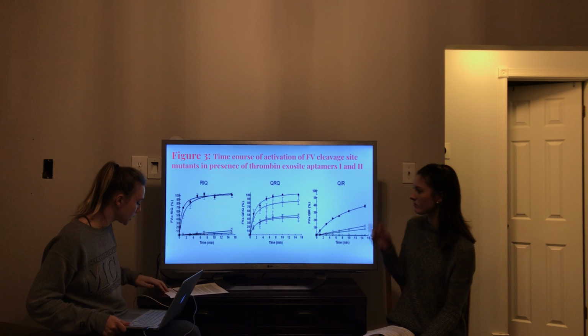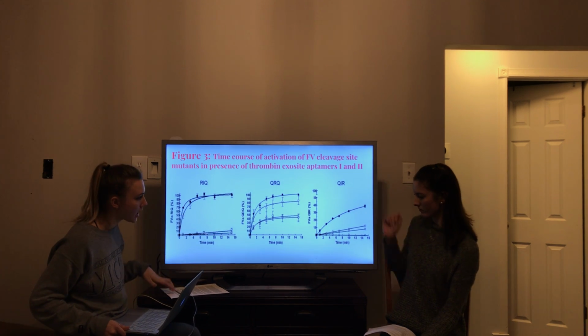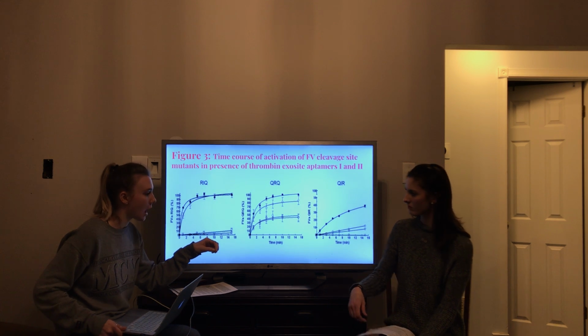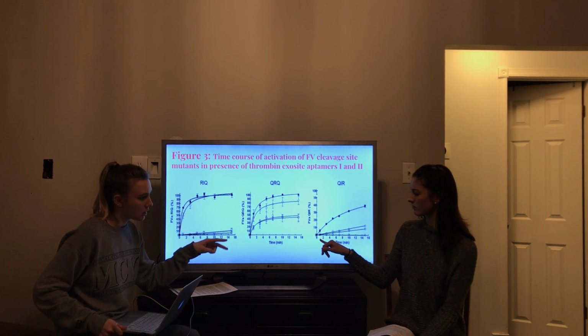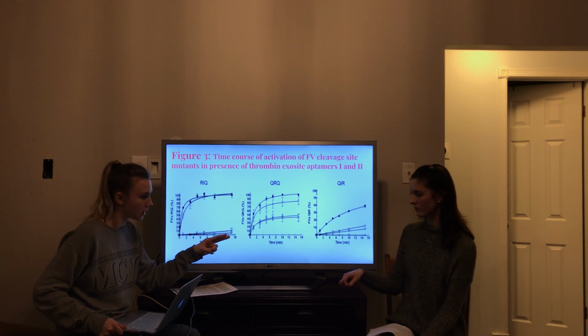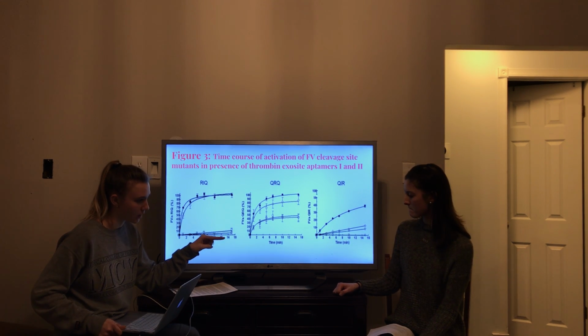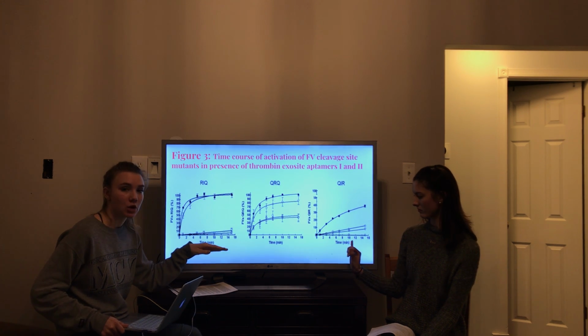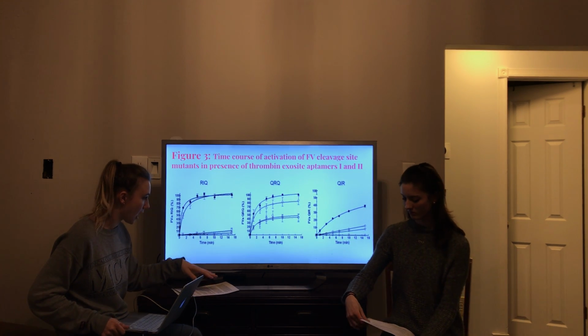And then over here in the QIR plot, you can see that aptamer 1 and 2 did some light, or actually pretty heavy, inhibiting in those bottom 2 lines, and then at the very bottom where both aptamers were present, you got virtually no activity on the enzyme at all.